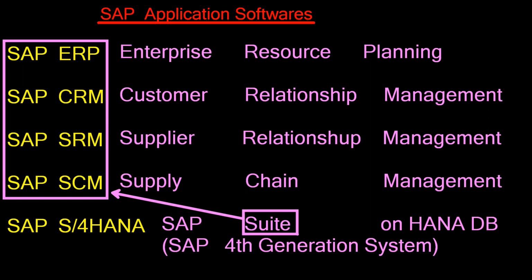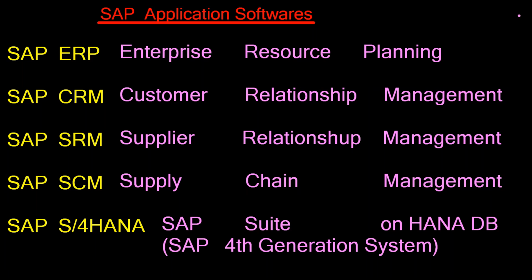If you take individually, ERP we can install on HANA database, CRM we can install on HANA database, SRM also, SCM also we can install on HANA DB. So that is SAP S4 HANA, meaning suite on HANA database. That is also called fourth generation system. So these are the application softwares in SAP.